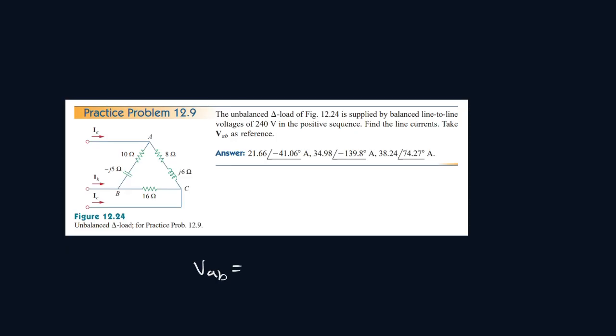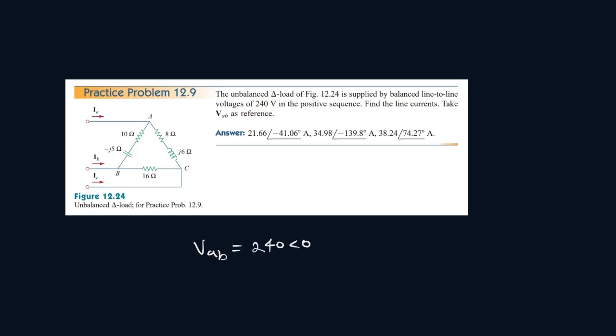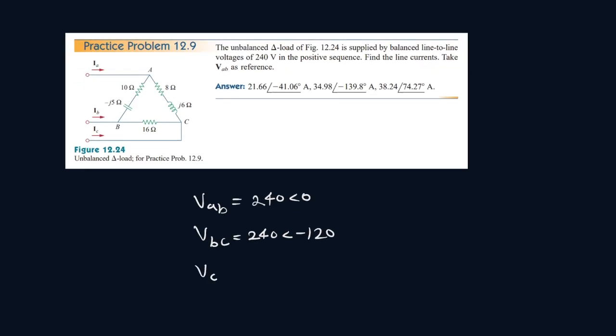If we start from there, that's 240 phasor 0, and we're told it's balanced, so VBC will be 240 phasor minus 120. This is positive sequence, so it's ABC. And then VCA is 240 phasor minus 120 again, but then we add 360, so positive 120.